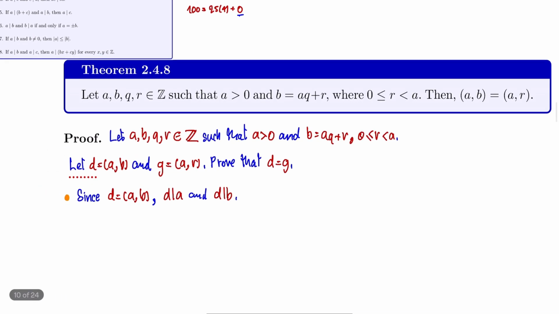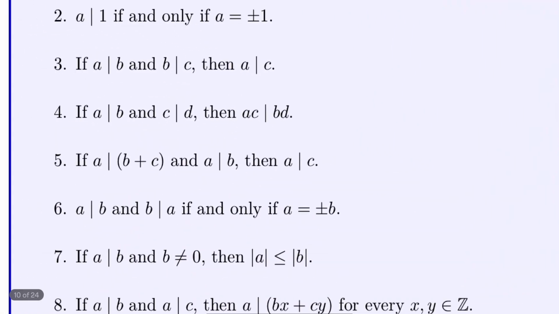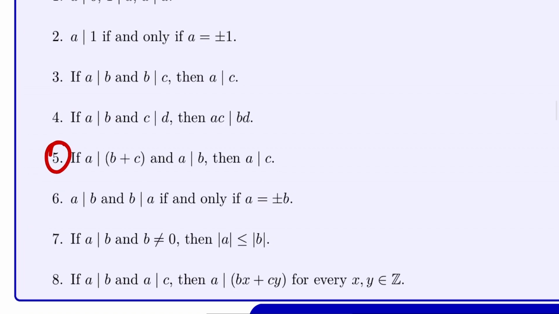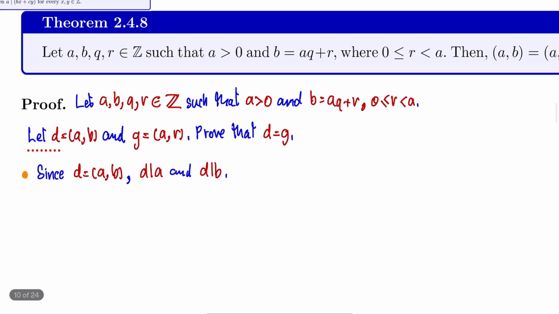From this property, I'm trying to use property number 5, which is: if a divides the sum of two numbers b, c, and a divides one of the numbers, which is a divides b, then a will divide the other number, in this case a divides c. So take a look at this one here. We have b equals aq plus r.